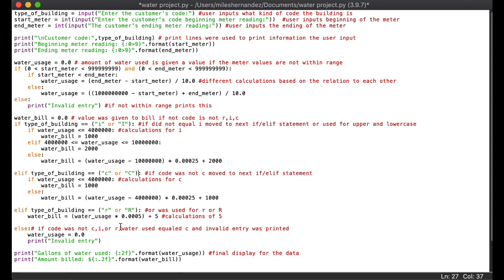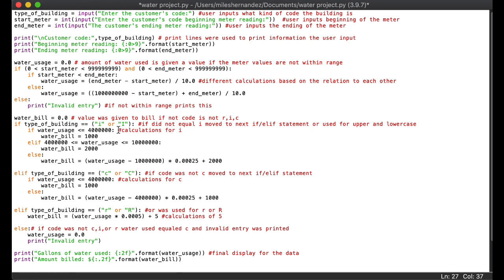And then if the user didn't input whether it was a commercial, industrial, or residential, it would just print an invalid entry and the amount of water used would be a value of 0. The reason that we gave it a value of 0 was because sometimes if the user input a meter reading that was valid, but the code wasn't a C or an R or an I, the water usage would still be given a value.